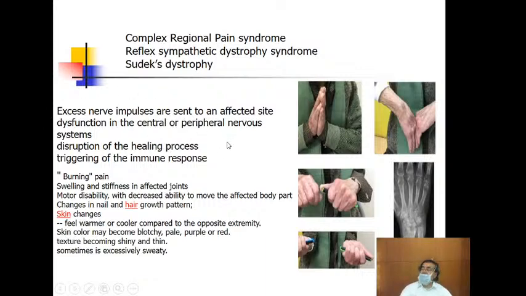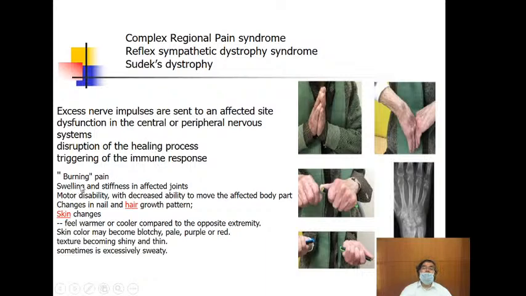The person is not allowed to do his things: a lot of communications come from above and he is confused and does not do anything. The same thing may happen here, because the healing process is confused by the excess nerve impulses coming and disturbing it, and there will be a problem at the site. There is another theory that it could be because of a disturbed immune process. So these are all the various theories of why it occurs.